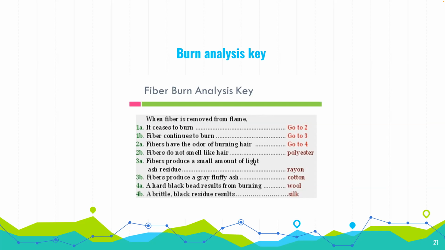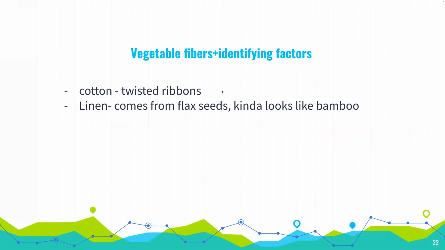Wool and silk, as you know, are from an animal, so it makes sense that they would smell like burning hair. Cotton I would also say smells like hair, but the key does not say that. If you don't know what burning hair smells like, it just smells like burning hair.